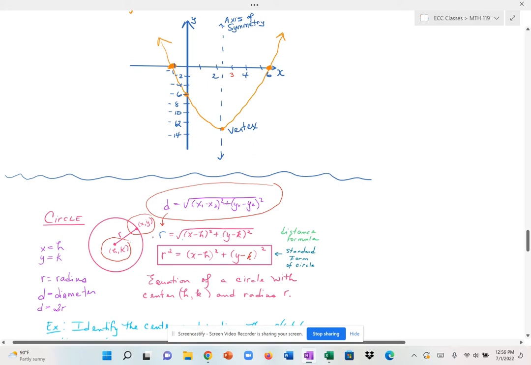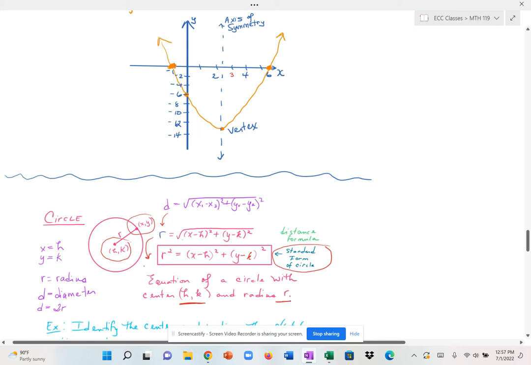If I square both sides, that gets rid of the radical. And so r squared equals (x minus h) squared plus (y minus k) squared. That's considered the standard form of the equation of a circle, where the center is at (h, k) and the radius is r.